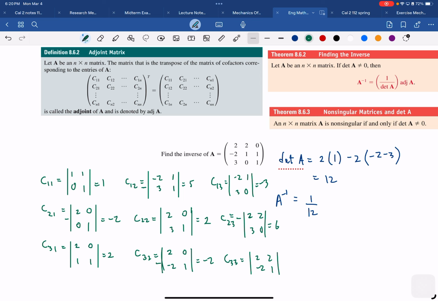So 2 plus 4 is 6, right? Is it correct? I think it should be correct.